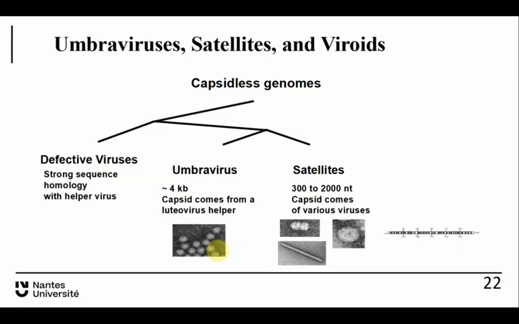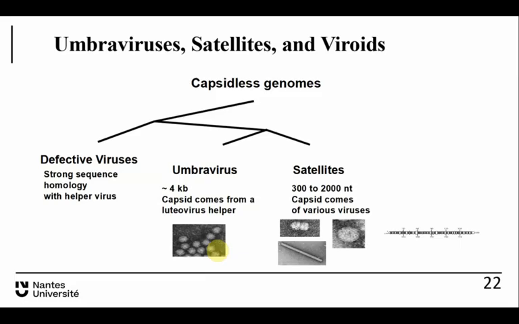Plant viruses can often be associated with the replication of defective viruses. So if you purify the RNA or the DNA from an infected plant, you'll find some complete genomes, but you'll maybe find a lot of defective virus genomes, which are dependent on the helper virus for their own replication.